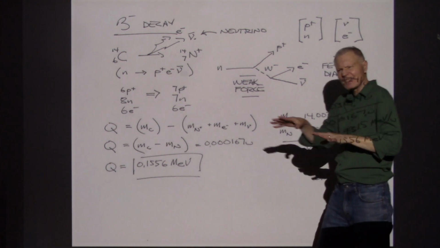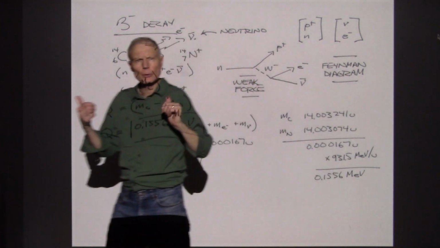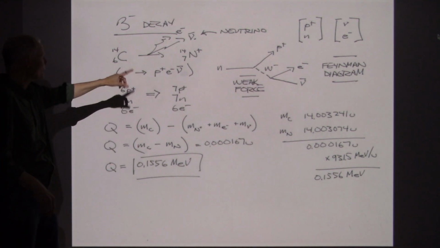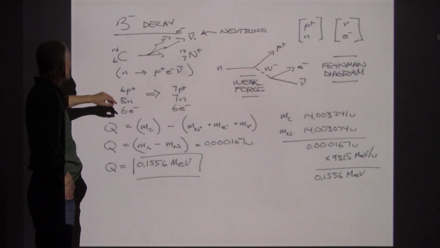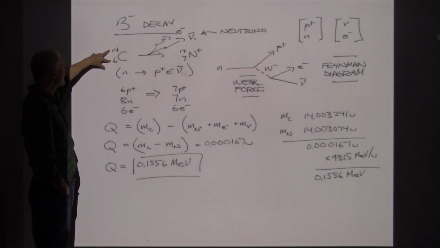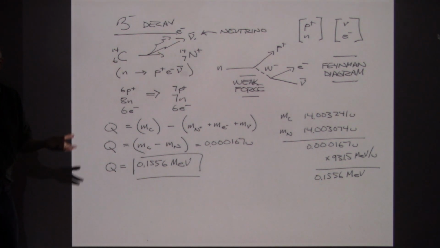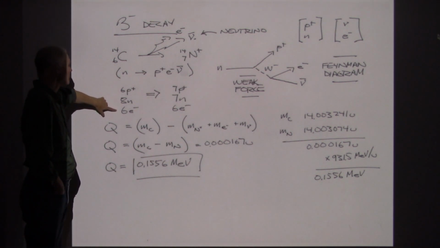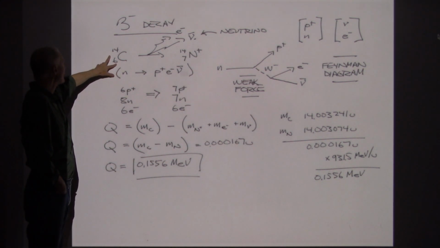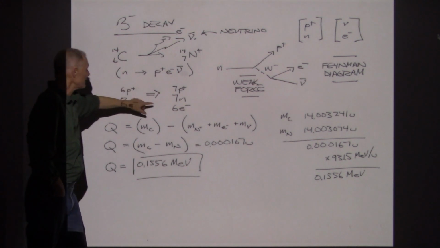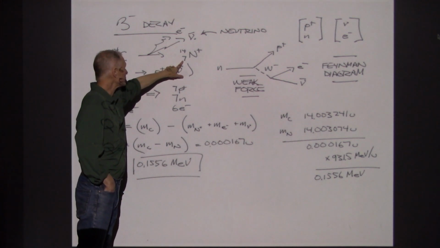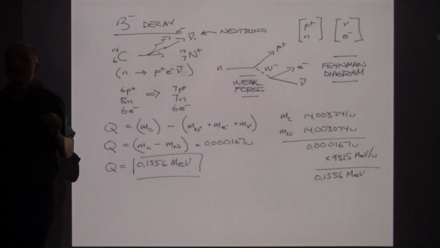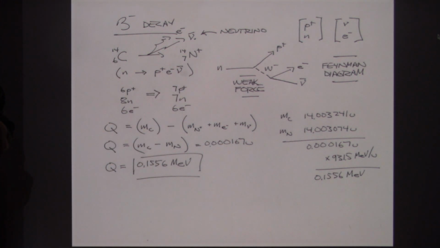But now I've got to be a little careful with the electrons and the neutrinos, and I even have to be a little bit careful with the nitrogen-14. And here's why. Notice that we had 6 spectator electrons. They're not involved in the reaction. I have 6 spectator electrons as part of the carbon, and now those 6 spectator electrons are part of nitrogen. But 6 electrons is not enough to make nitrogen neutral.